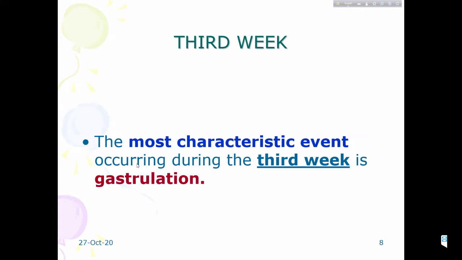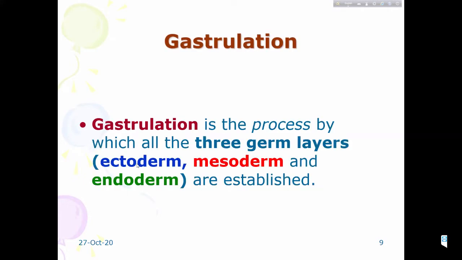I already told you, gastrulation is the process by which all the three germ layers are formed or established. So this comes in exams: write short notes on gastrulation, or what is gastrulation. In the viva also we ask what is gastrulation.